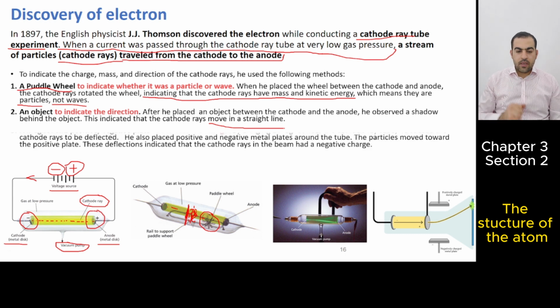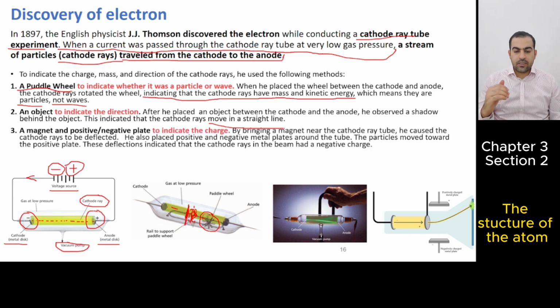Okay. Third method, to indicate the charge, what he did, he brought a magnet and positive and negative plates. First, the magnet. He brought a magnet near the cathode tube. So when he neared it, what happened? The cathode rays were deflected, they changed direction.